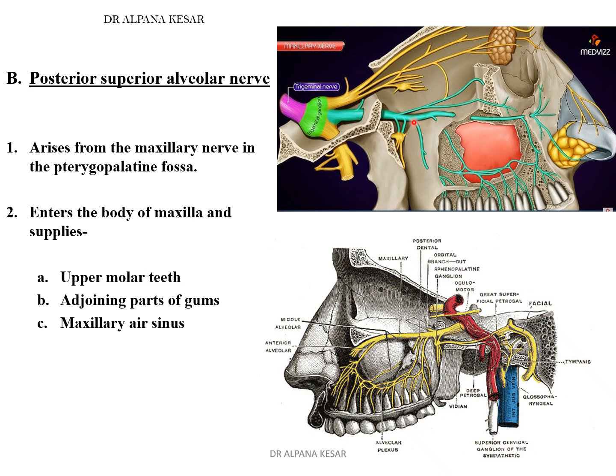It enters the body of maxilla and then divides into branches that will supply the upper molar teeth, adjoining parts of the gums, and maxillary air sinus. The name itself suggests superior alveolar nerve which supplies the upper teeth, and posterior branch of superior alveolar nerve supplies the posterior teeth or the molars.